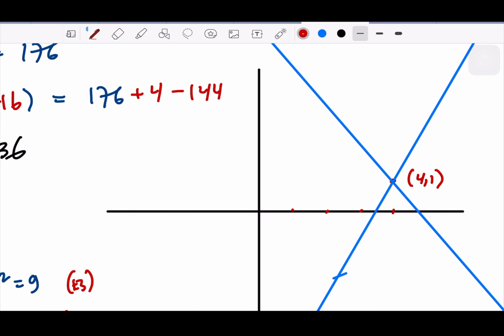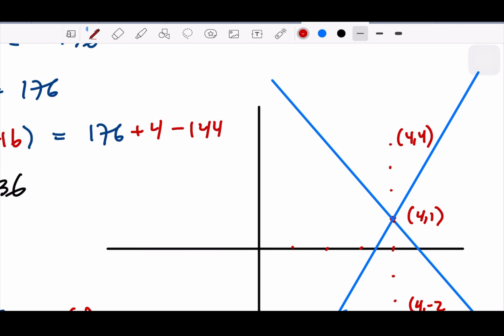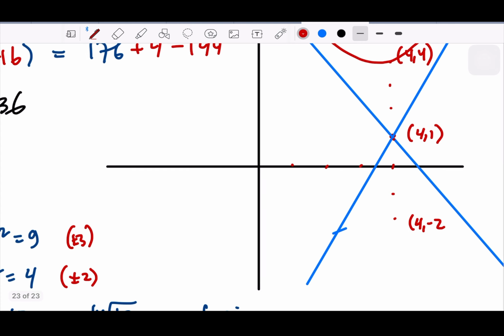So 4, 1 plus 3 for y will be around 1, 2, 3, maybe around here. This is 4, 4, and 1, 2, 3, maybe around here. Okay, maybe this will be the hyperbola, and the other hyperbola will be here.